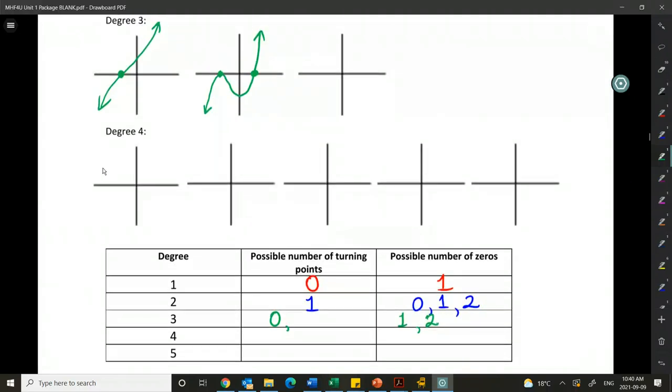And how many turning points would be in this one? Also 2. So there's one here and there's one down here. So could have 0 or 2 turning points. And then if you imagine that I just take this graph and I knock it up just a little bit, shift it up, then we are now seeing 1, 2, 3 x-intercepts, but same number of turning points, right?